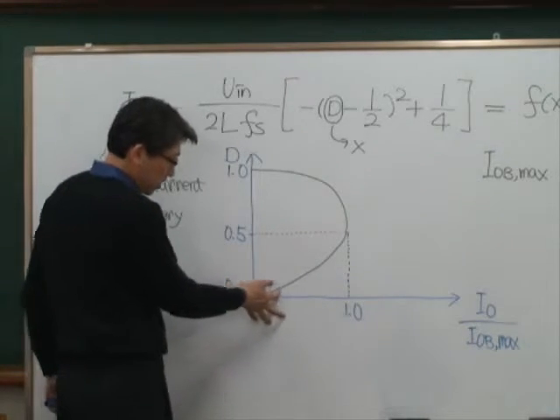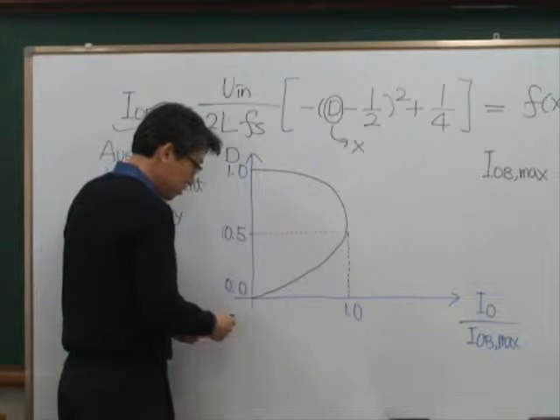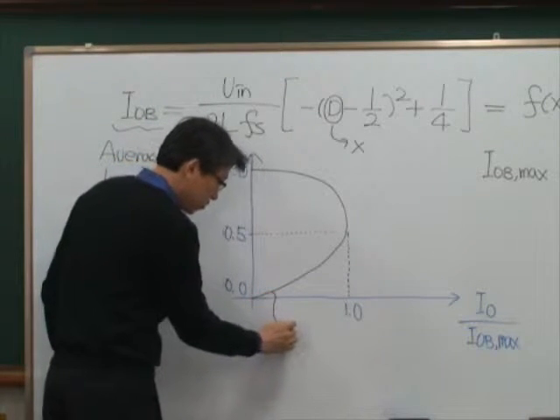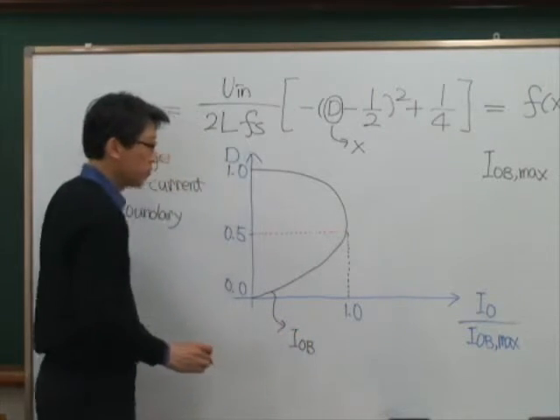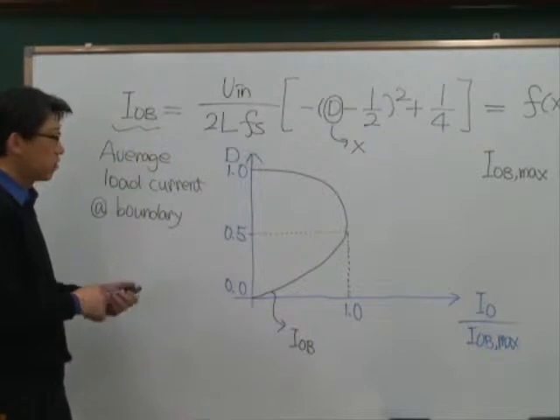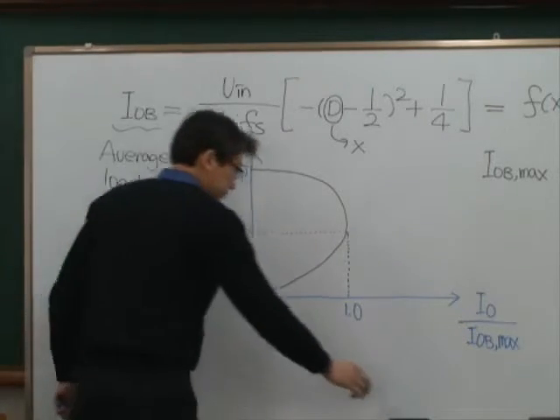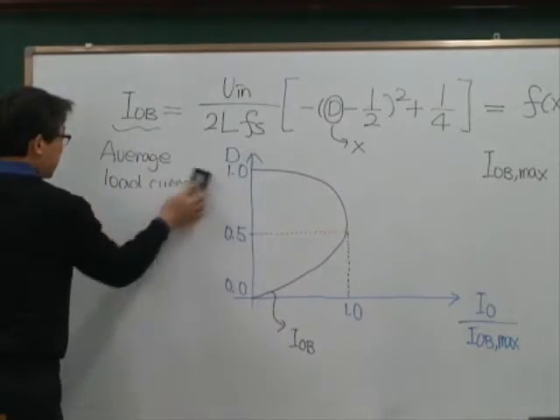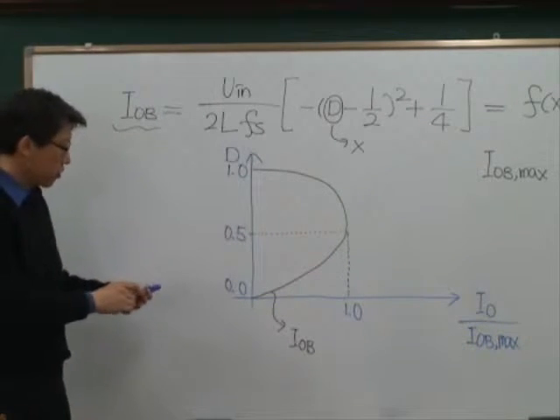And this means the boundary, okay? This black one means always IOB, boundary, okay? And I'm going to tweak this diagram a little bit. 자, 제가 요 그래프를 약간 바꿔볼게요.